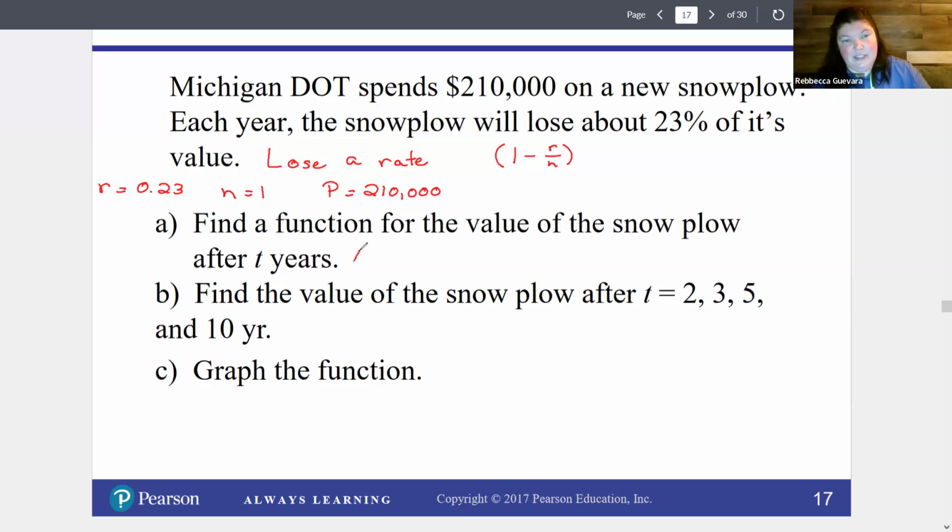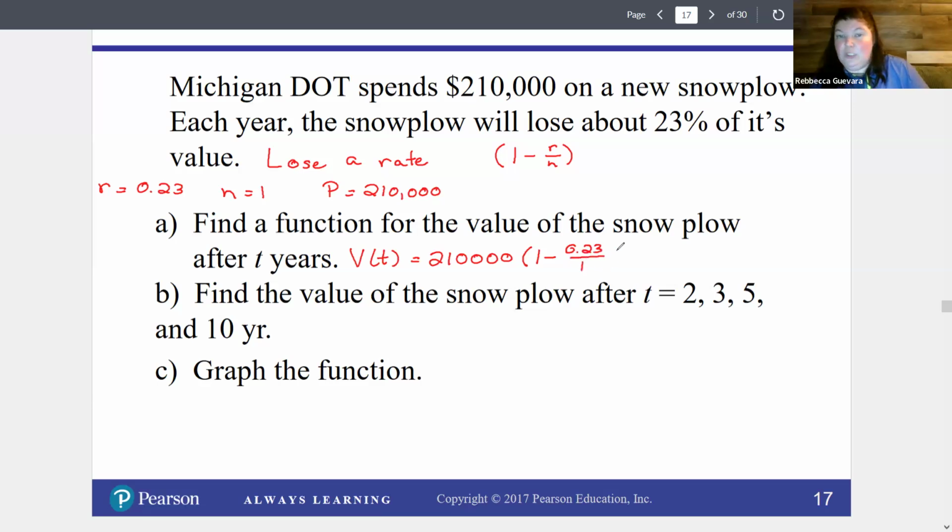So in this case, instead of A, this is talking about value, so we're going to call this value after time. The function for the value of the snowplow is $210,000, that's my principal. Then we're going to have 1 minus my rate of 0.23.